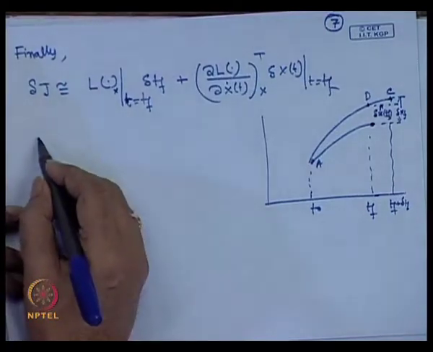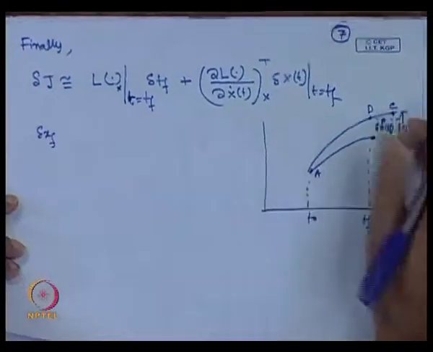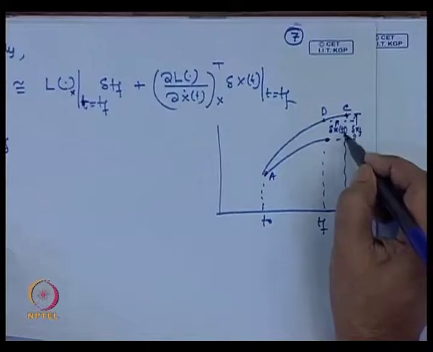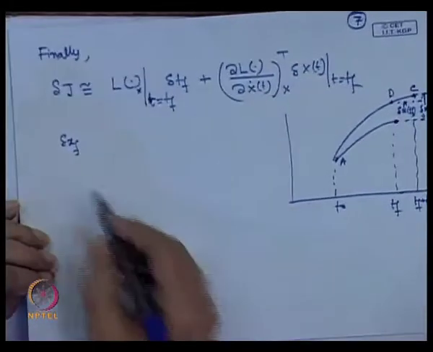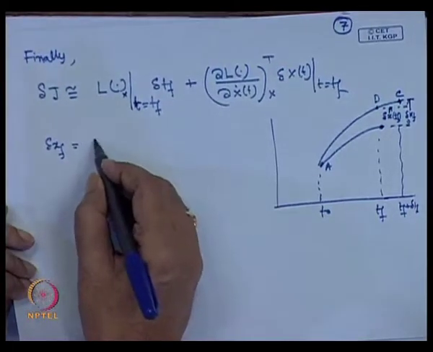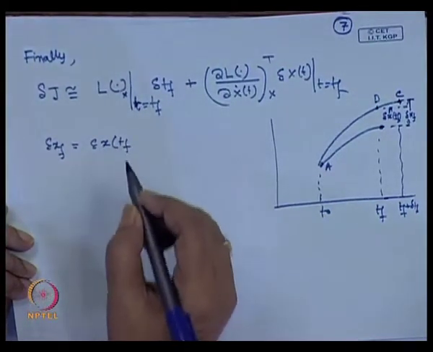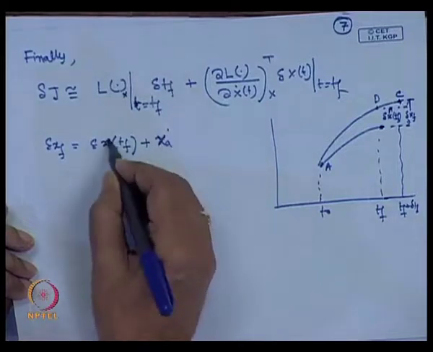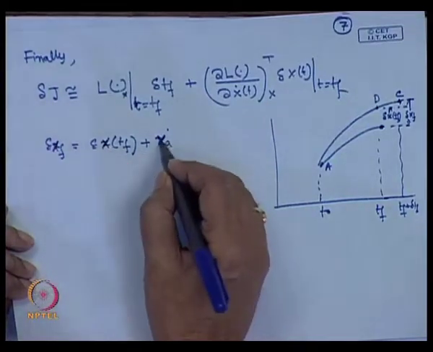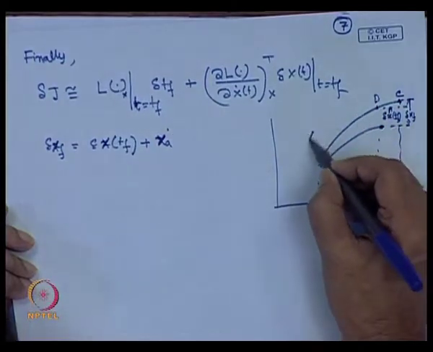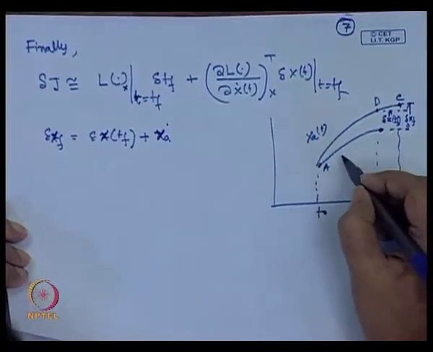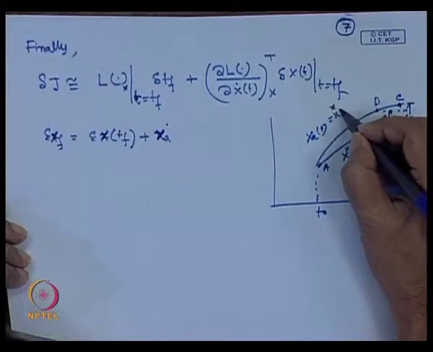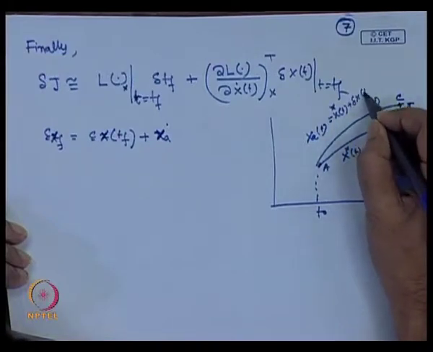Delta x f, from this point to this point, is the coordinate of C, and this distance is delta x f, equal to delta x T f plus the slope of x a of t, which is x star of t plus delta x of t.